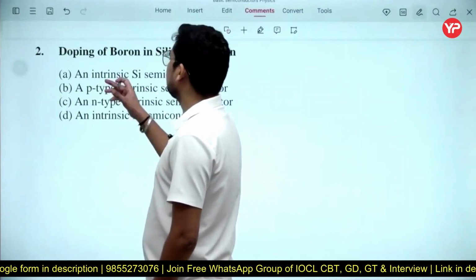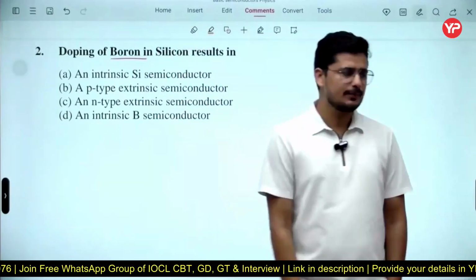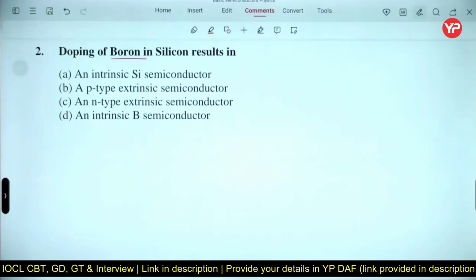See, this is boron. Boron is which group element? Fifth group or third group?